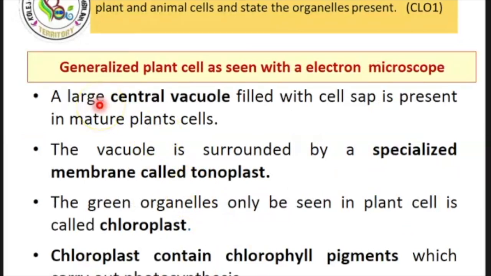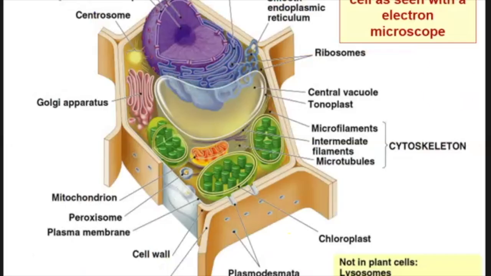In plant cell, a large central vacuole filled with cell sap is present in mature plant cell. The vacuole is surrounded by a specialized membrane called tonoplast. The green organelle only seen in plant cell is called chloroplast. Chloroplast contains pigment which carries out photosynthesis.